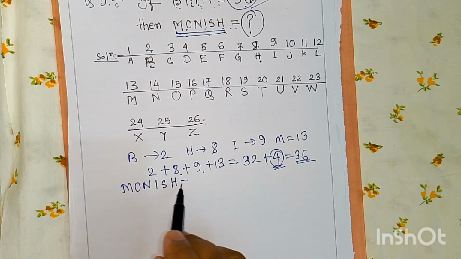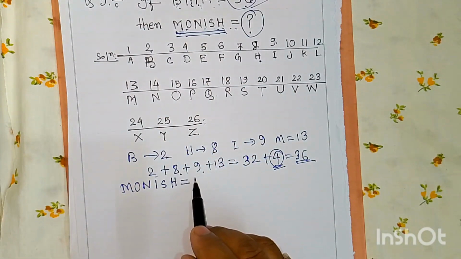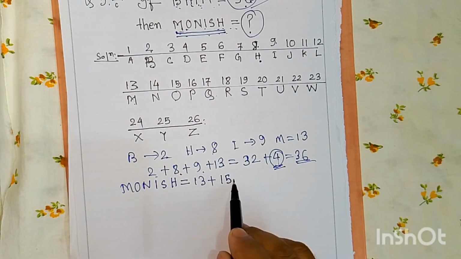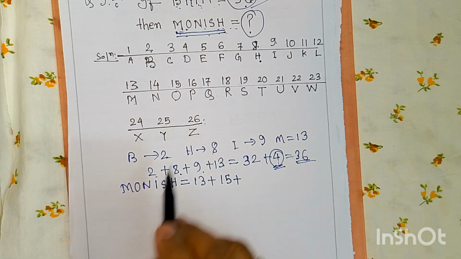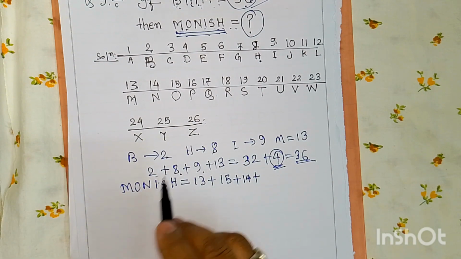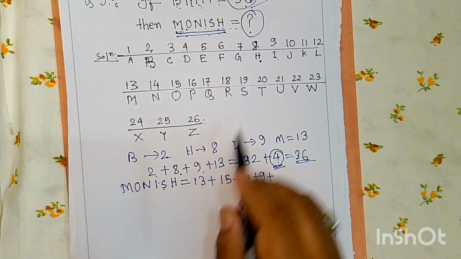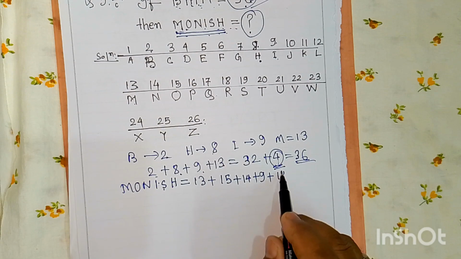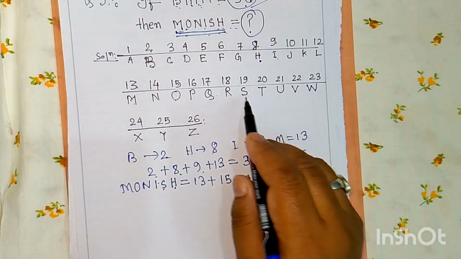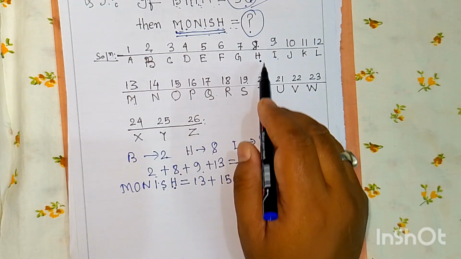Now we find the number for the word MONISH. M carries 13, O carries 15, N carries 14, I carries 9, S carries 19, and H carries 8.